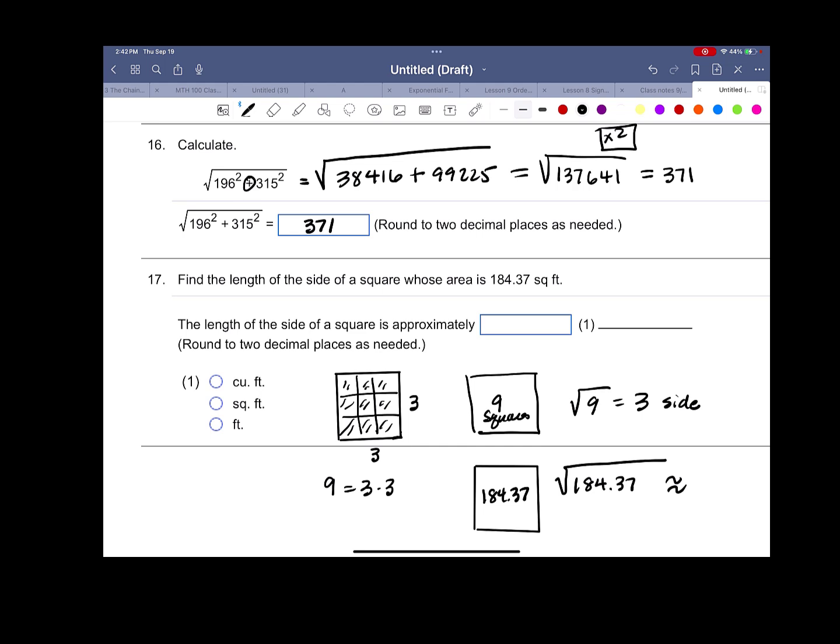It's going to be approximate, so we do second x squared 184.37, and we get approximately, to 2 decimal places, 13.58. It's 13.578, so 13.58.